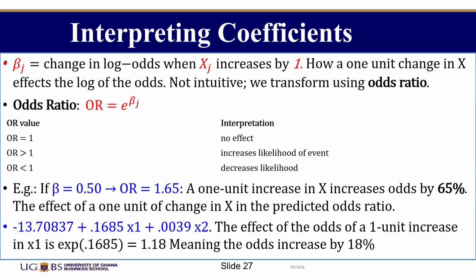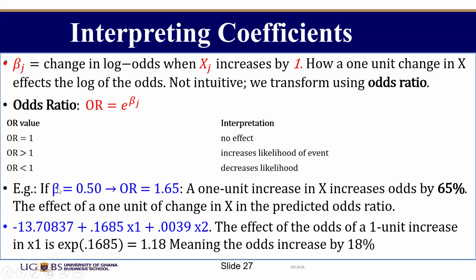You are increasing the chances of having the disease. If it is 1, your chance of getting that disease is the same as the chance of not getting that disease. And if it is less than 1, the chance of getting that disease falls. That is what it means.